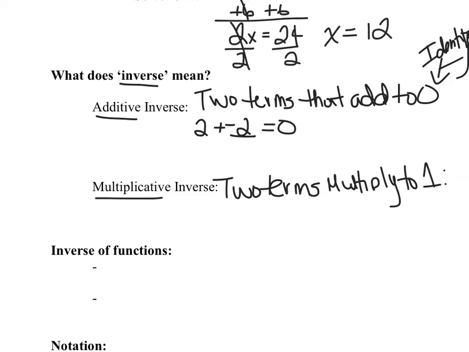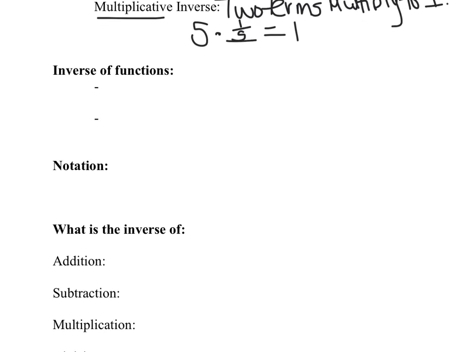Anything times 1 stays itself. So 5 times what would give me 1? Well, that would be 1/5. That's the multiplicative inverse. So all of these things are all related to each other. They're all leading up to the inverse of functions.